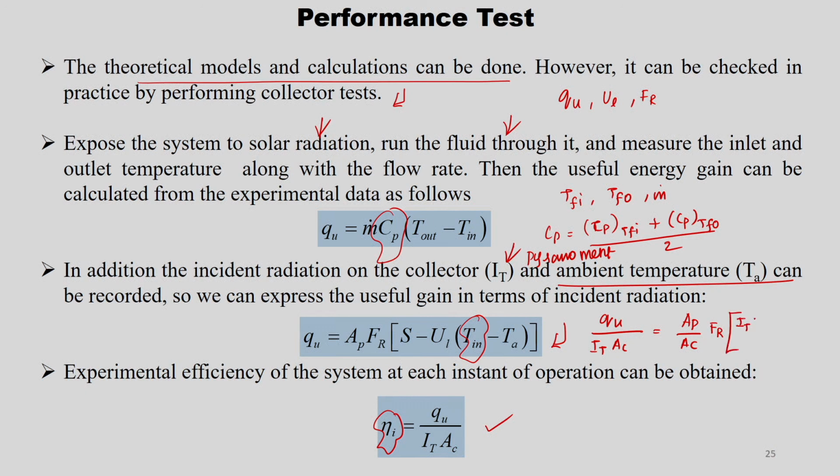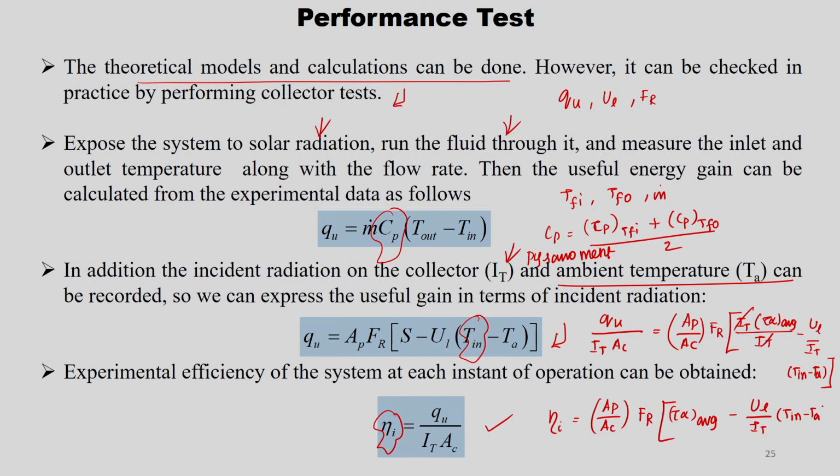So, S I can write as IT tau alpha average, minus UL into T in minus Ta, and the IT cancels. So, the instantaneous efficiency, which is Qu upon IT AC, is AP upon AC, the plate area over the collector area, into Fr times tau alpha average minus UL upon IT into T in minus Ta.